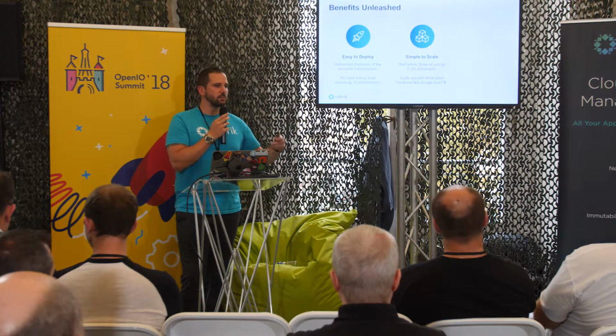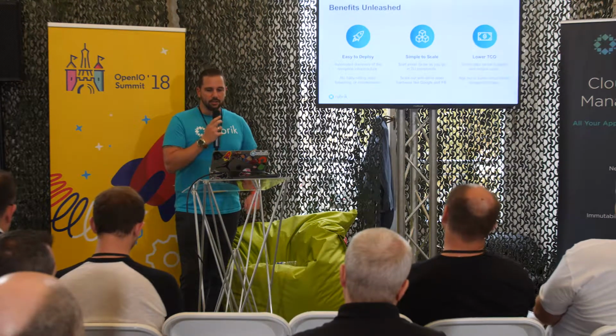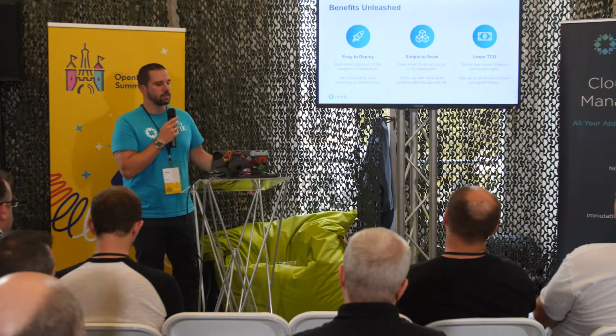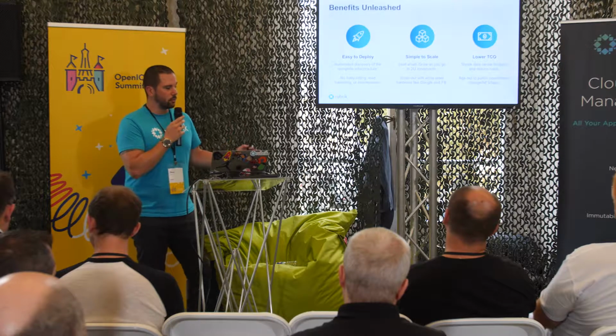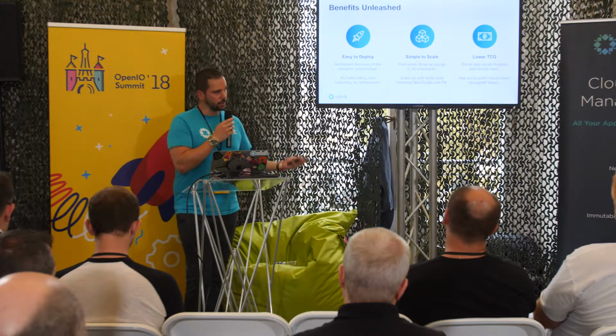You can grow server by server and add storage and performance. And then we have a lower TCO, a lower total cost of ownership than our competitors, because of the way we think about licensing and the different things that we can provide to our customers.